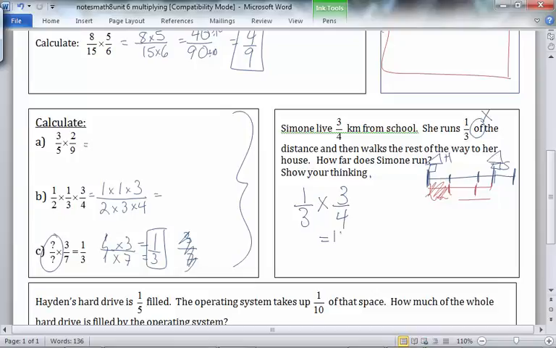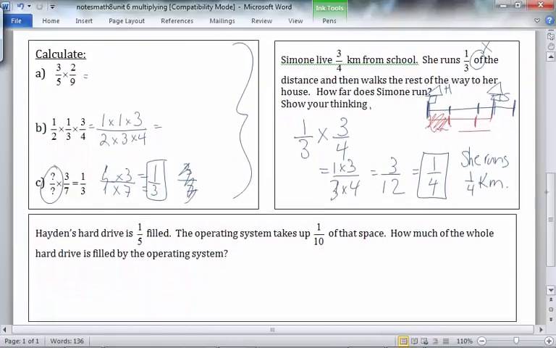So then I'll multiply the tops, 1 times 3, multiply the bottoms, 3 times 4, so 3/12, which we can reduce to 1/4. So she runs a quarter of a kilometer. My concluding sentence would be, she runs 1/4 kilometer.